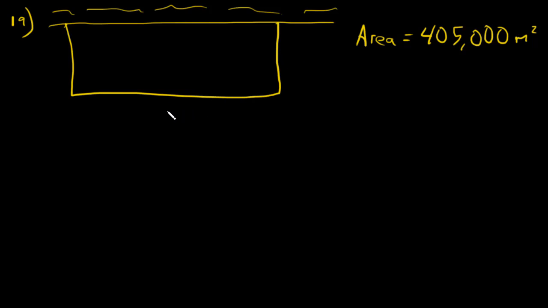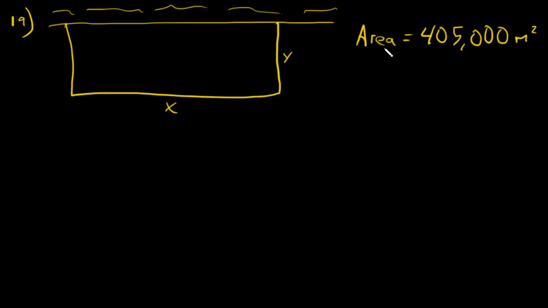So we call this X and this Y, and we need two things, right? We need a constraint and we need our min-max expression. So this is what is going to constrain it.